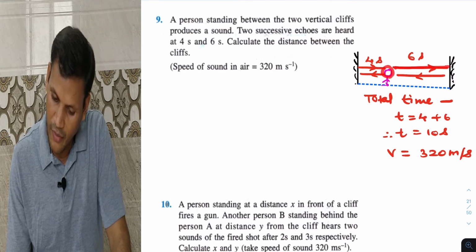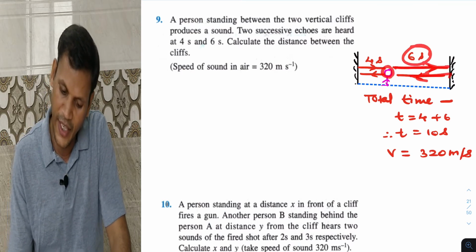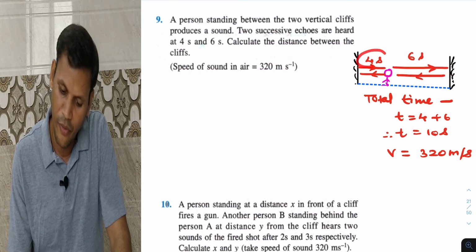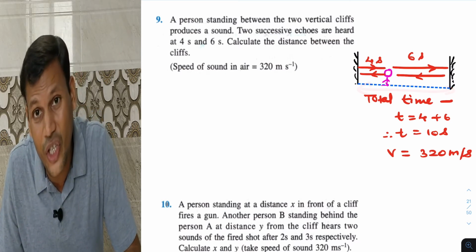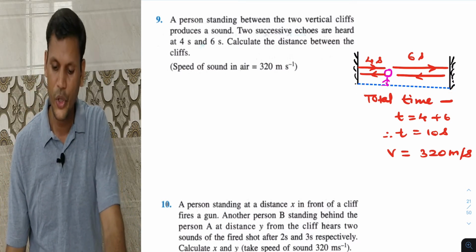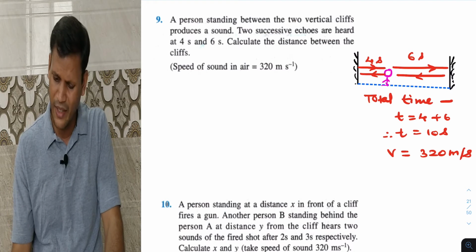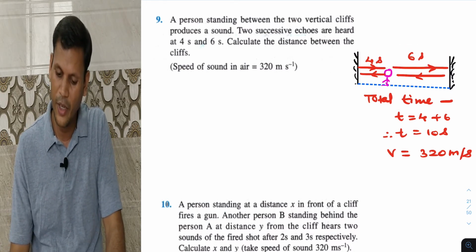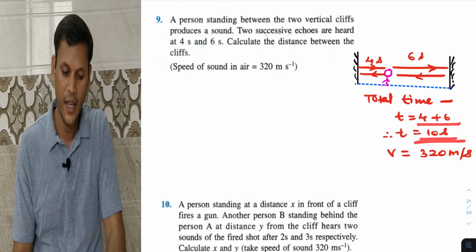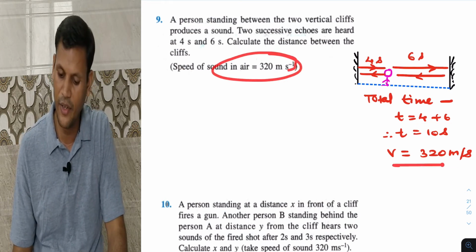One echo is heard after 6 seconds, another echo can be heard after 4 seconds. We are asked the distance between the two cliffs. So the total time used is 4 plus 6, that is 10 seconds, and v is given as 320.